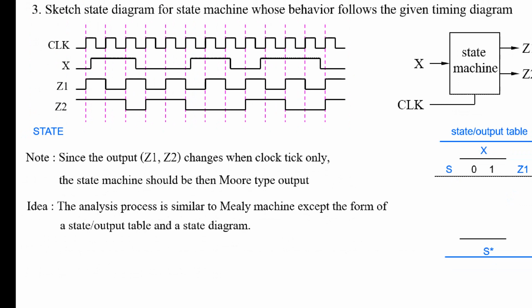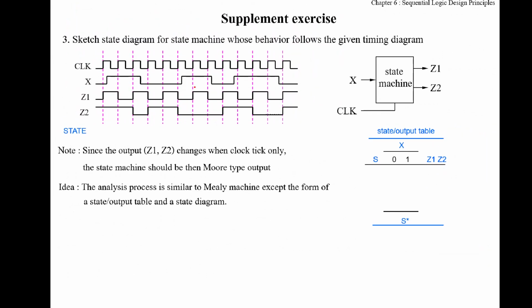After that, again you just find the state for each period of clock. At the beginning, because there is no previous information, you can define state A here. Consider the property of output and next state.